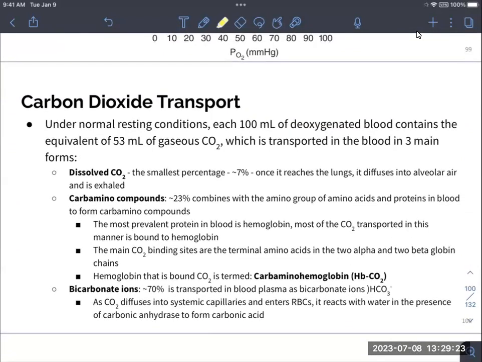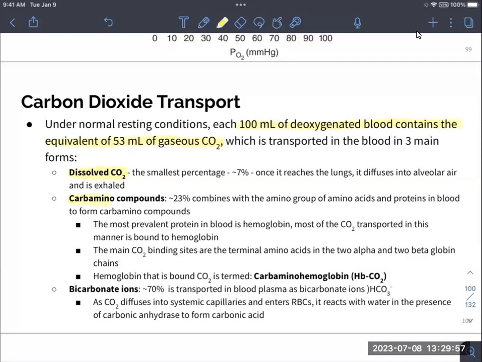So more about that carbon dioxide. When you're just resting, sitting, laying down, for every 100 milliliters of deoxygenated blood, there is about 53 milliliters of carbon dioxide in there. It could be dissolved. Some of that carbon dioxide gets dissolved into the plasma.